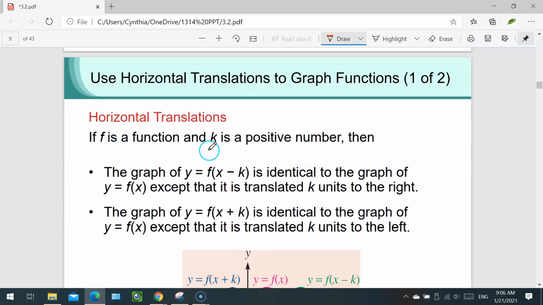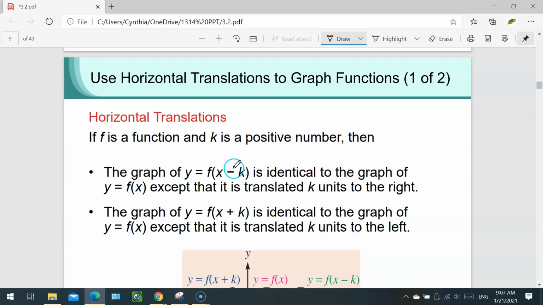If f is a function and k is a positive number, then the graph of y equals f of x minus k. Now keep in mind, this minus k is inside of the parenthesis. So when you see a plus or minus number inside of the parenthesis, that means they are doing a horizontal translation. You have to shift the graph left or right.